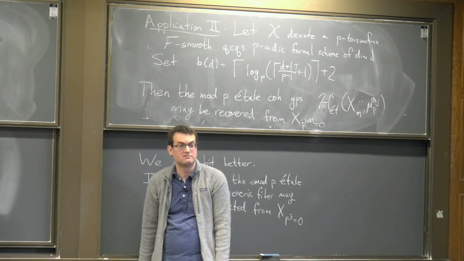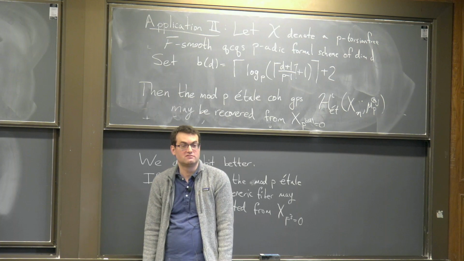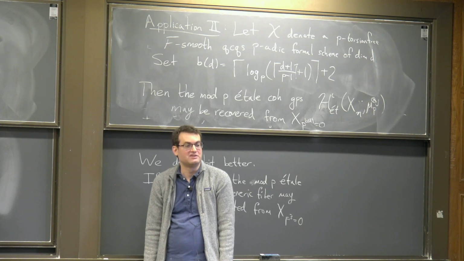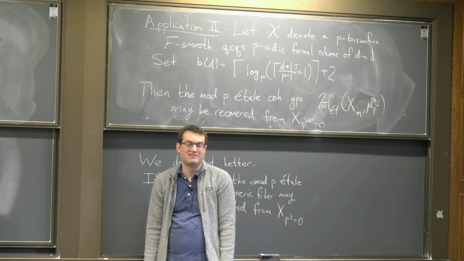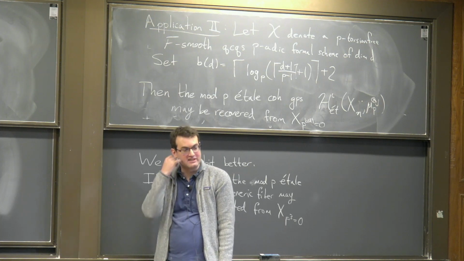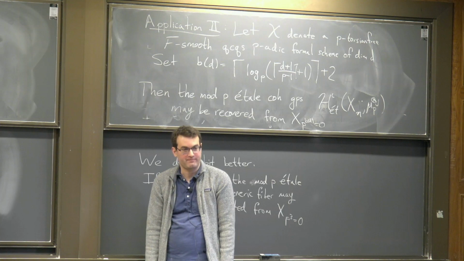Other questions, comments? What are the applications of that higher height stuff going to be? Well, maybe I haven't thought too much about that, but for example, I guess you would learn things about varieties that could be lifted to over L or over the sphere.